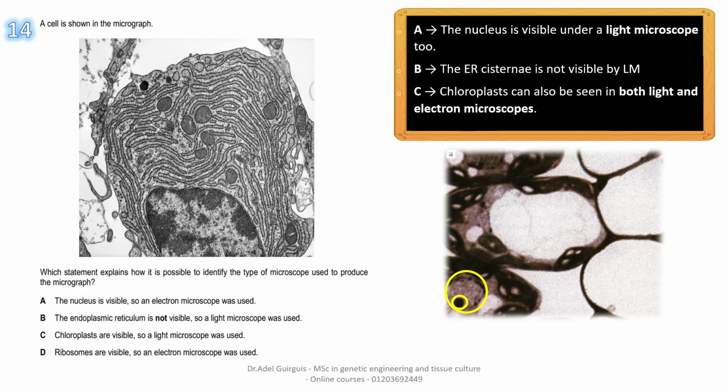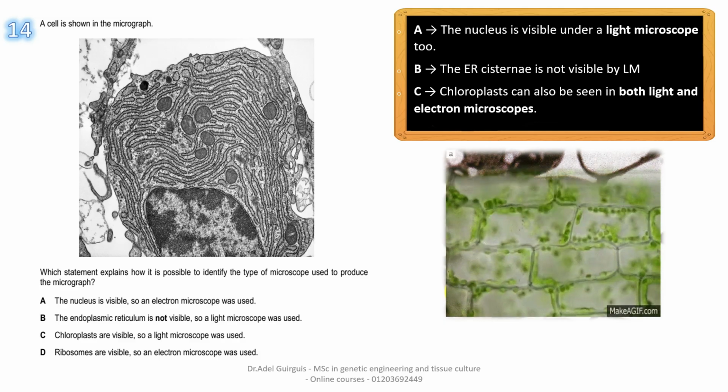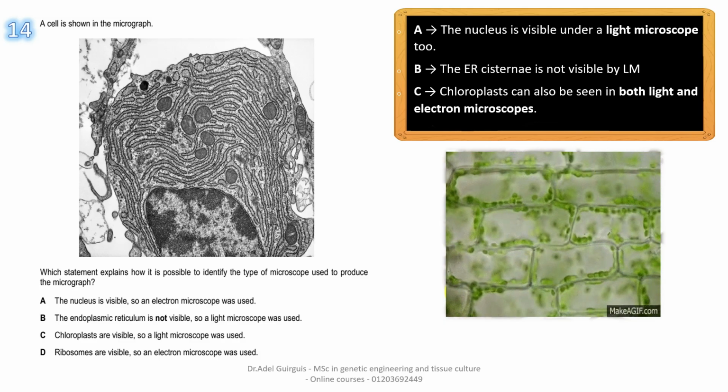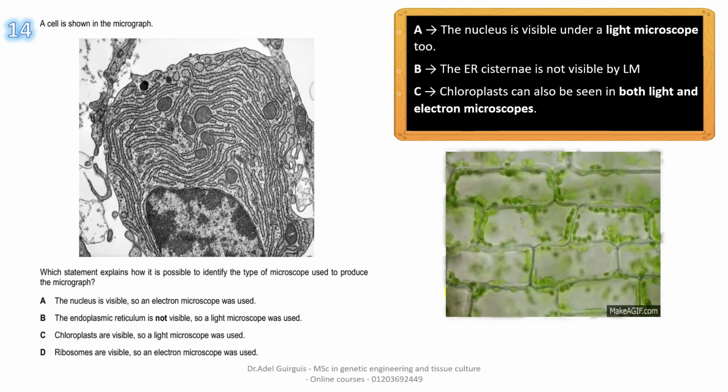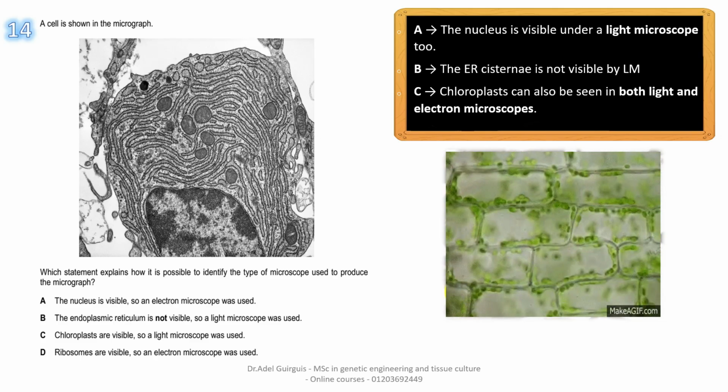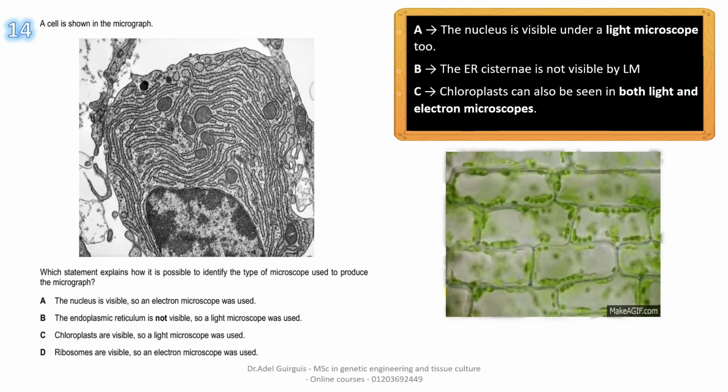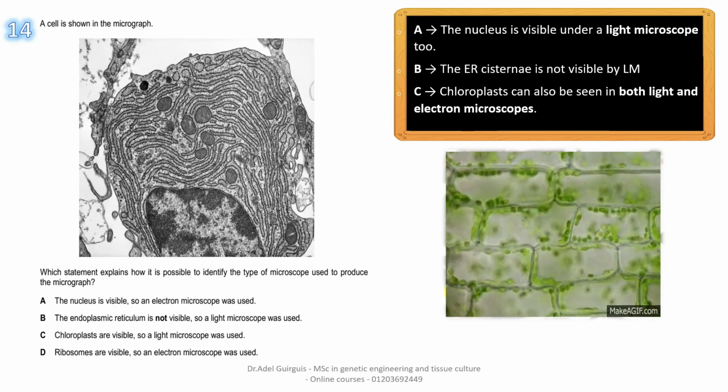Letter C, chloroplasts can also be seen in both light and electron microscopes. We can use a light microscope to visualize chloroplasts inside plant cells. Look at this animation, taken by light microscope.